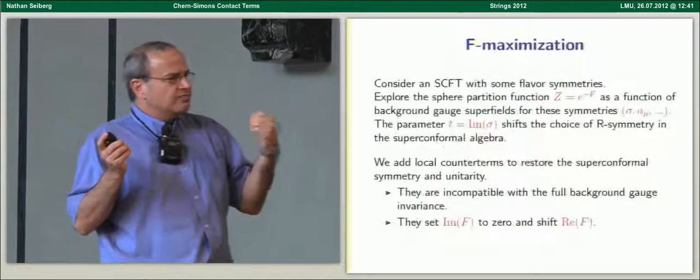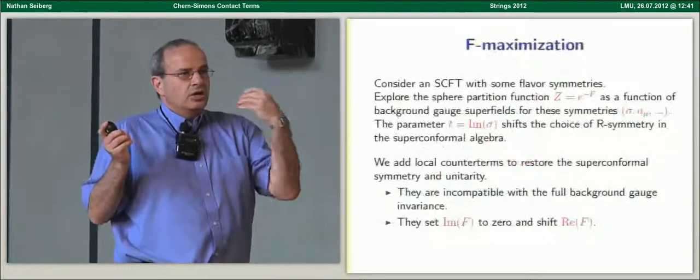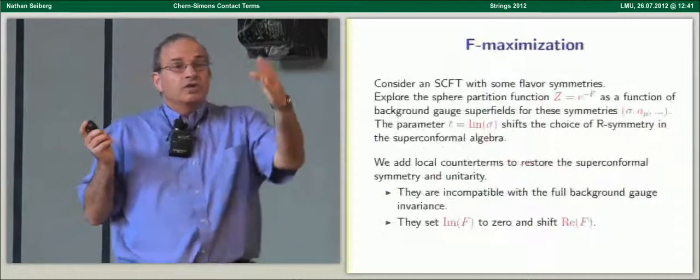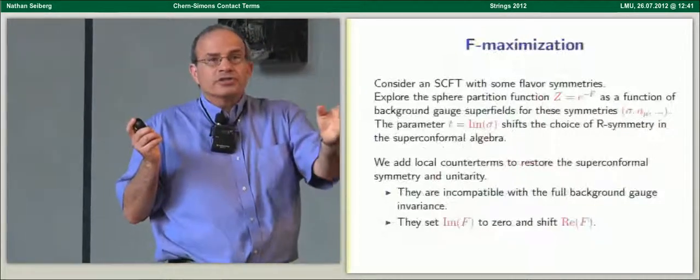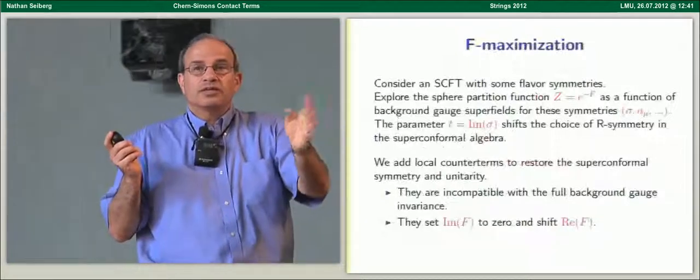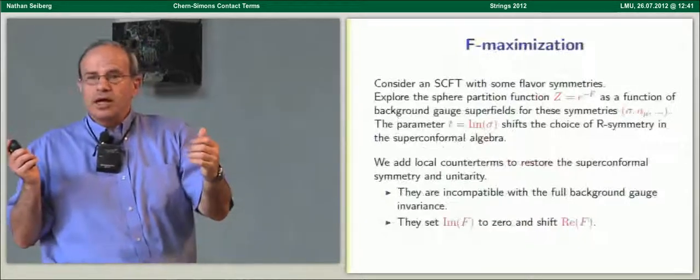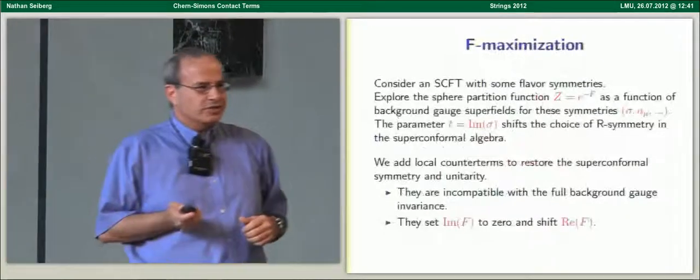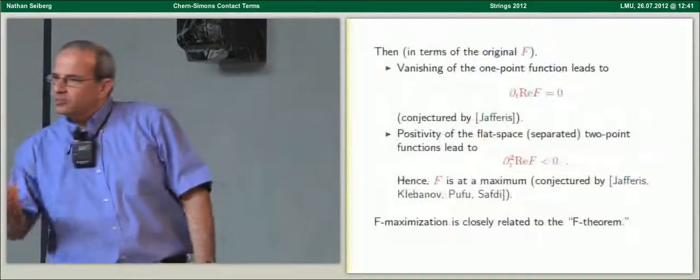So our goal is to find the value of t. Equivalently, finding the value of t is the same as finding the correct U(1) R symmetry in the superconformal multiplet in the infrared. And by doing that, we can find the dimensions of all chiral operators. So this is clearly an interesting thing to do. So this is this parameter t.